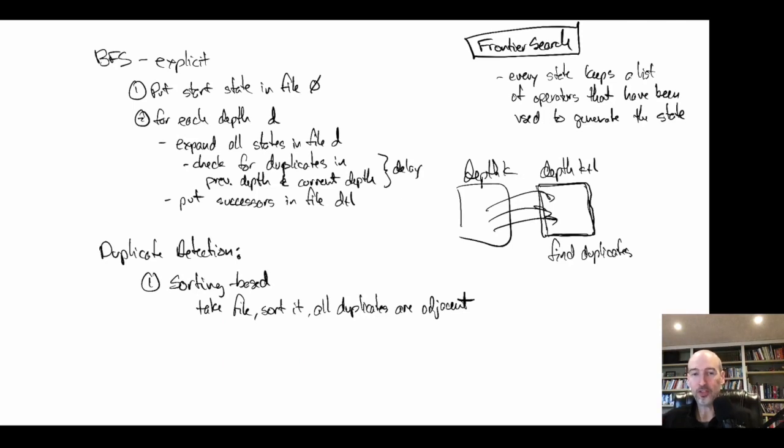I can read through those sequentially, and I could remove any states that were duplicates from previous layers as well. Okay, so sorting-based duplicate detection, a lot of this gets a lot easier. And basically, we're taking a file, we're sorting it, and then we're always comparing sorted files and removing duplicates from sorting. So that works, but there is sort of this log overhead to sorting.